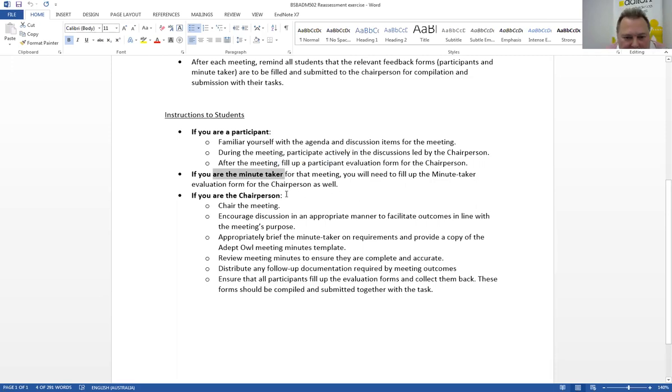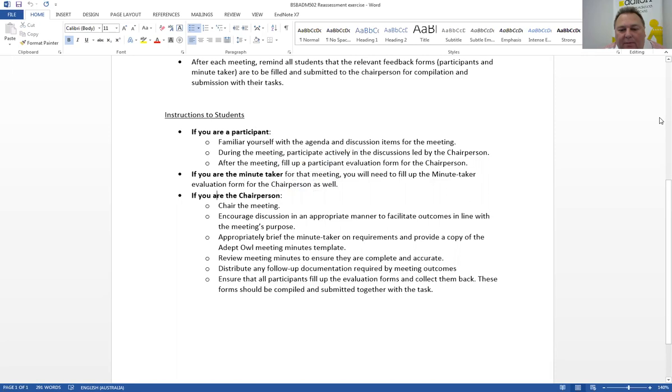And if you are the chairperson, there'll be 3 roles you'll have. You'll be participants, and either someone will be a minute taker, then another person will be chairperson. So there'll be 3 primary roles. So if you're the chairperson, chair the meeting, encourage discussion in an appropriate manner to facilitate outcomes in line with the meeting's purpose.